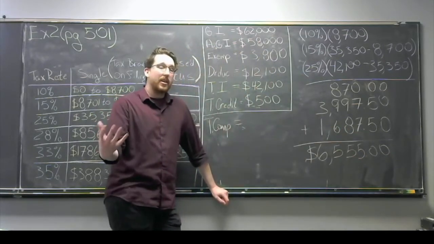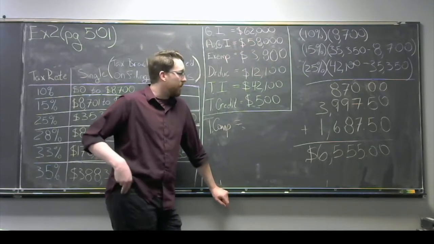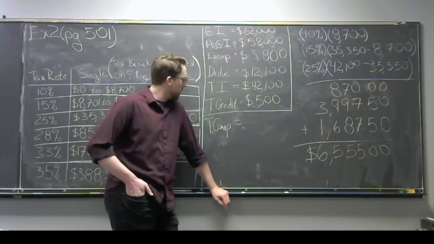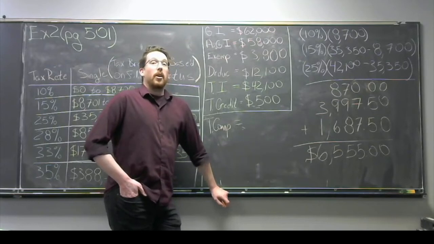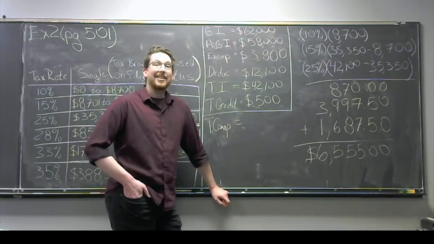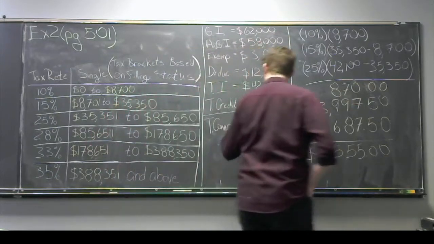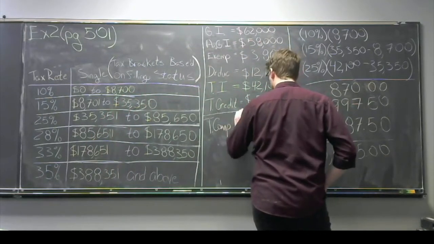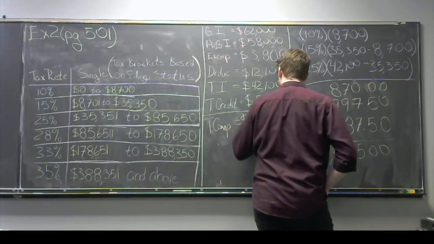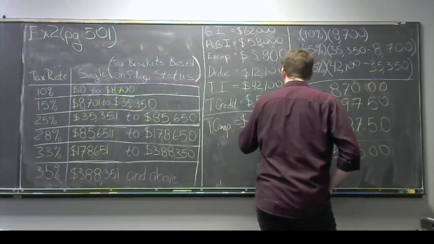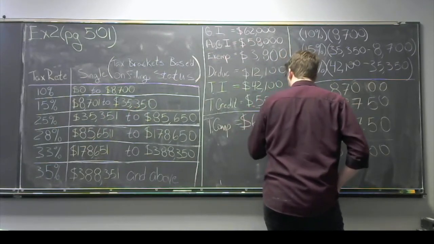And all of it added together comes out to be $6,555. Okay, this is her tax computation. We're not done yet though. So, tax computation, $6,555.